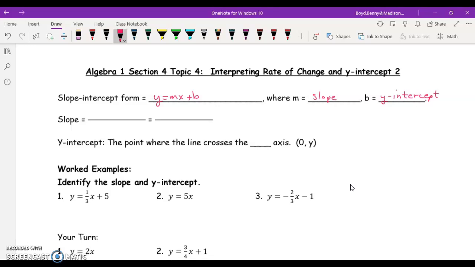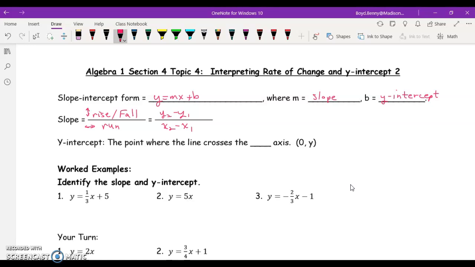Okay, slope, as always, is rise over run, sometimes called fall over run. So it either goes up or down and side to side. Okay, the formula for slope is y2 minus y1 over x2 minus x1.